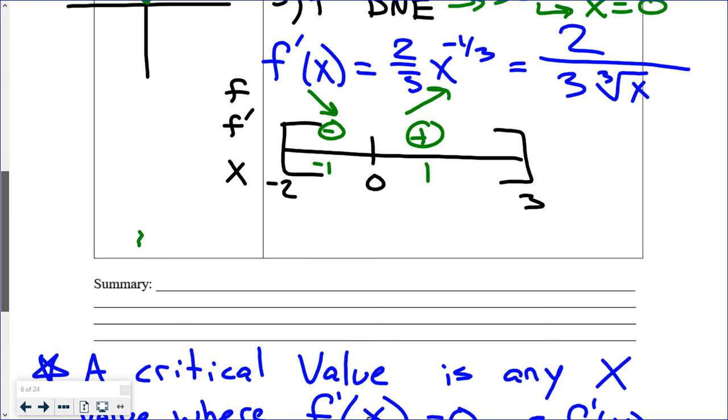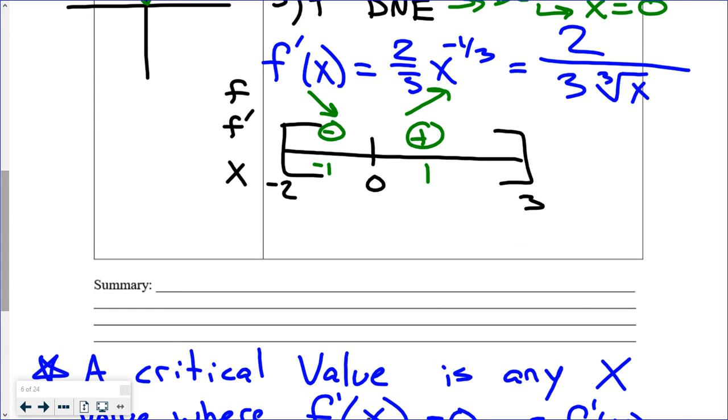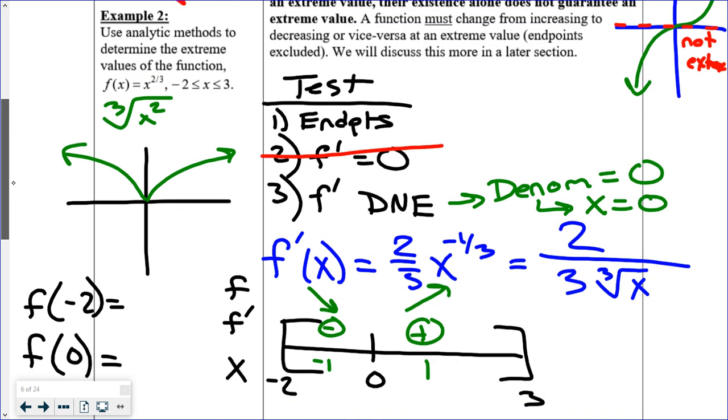To finish, we need some y values. So let's evaluate all of them. Don't forget the endpoints. Here's where the endpoints come into play. So this would be where we punch back into the regular function.